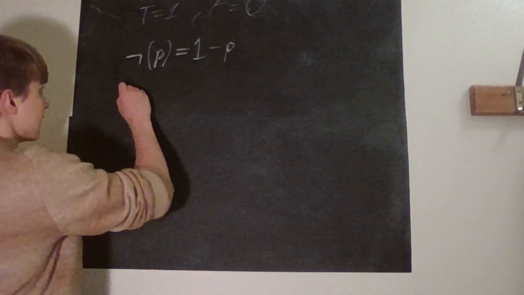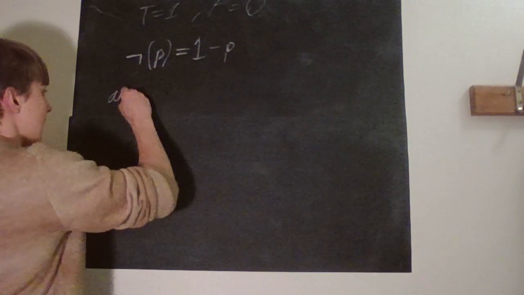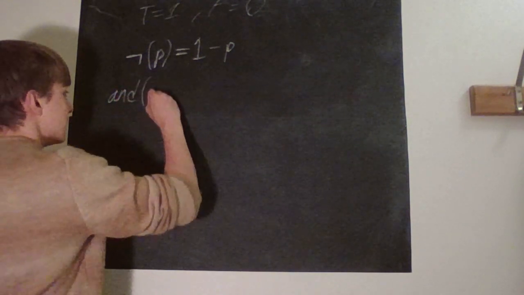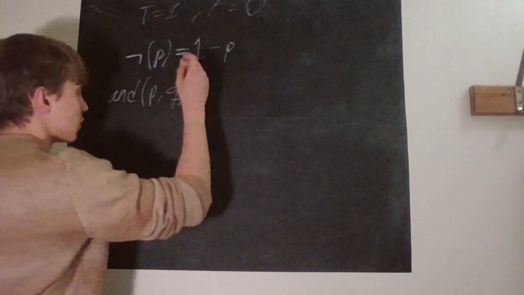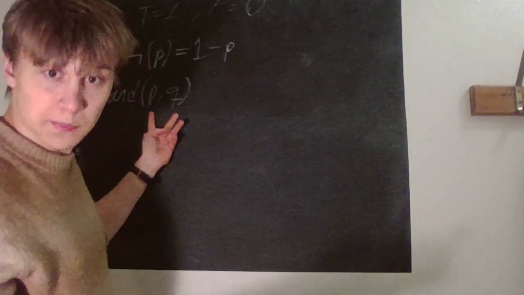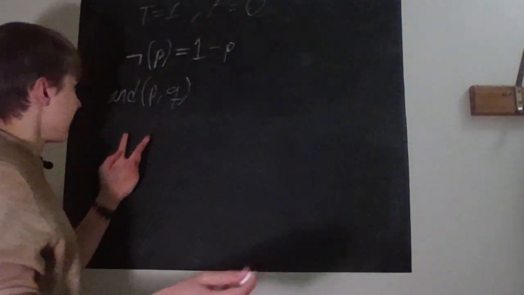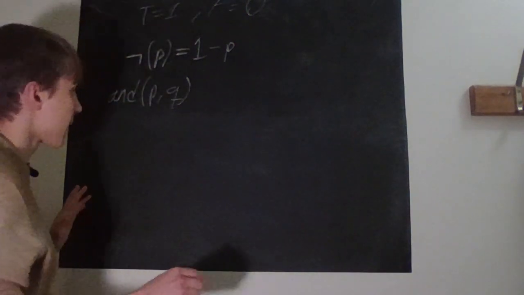Okay, so say you want a function "and". So we have an "and" of P and Q. And we want this to be equal to 1 when both are true, meaning that both are equal to 1, and otherwise it should just be 0.